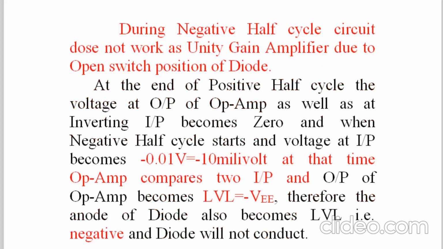Therefore, what is explained here is: during negative half cycle, the circuit does not work as a unity gain amplifier due to the open switch position of the diode.